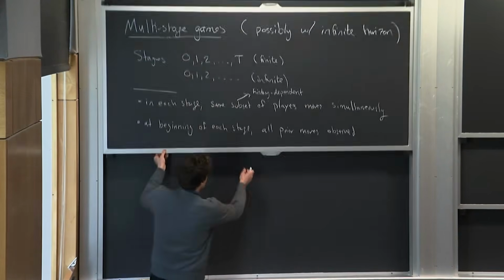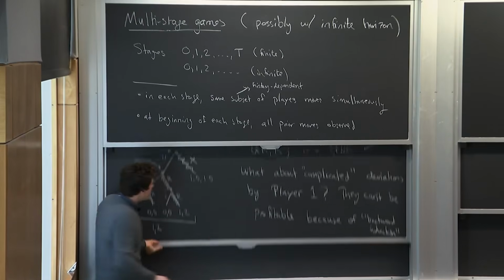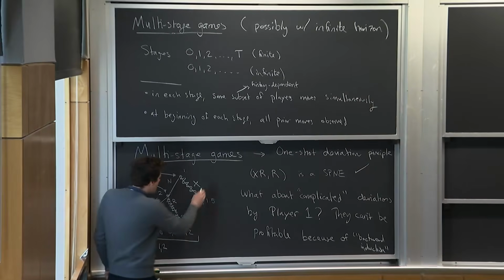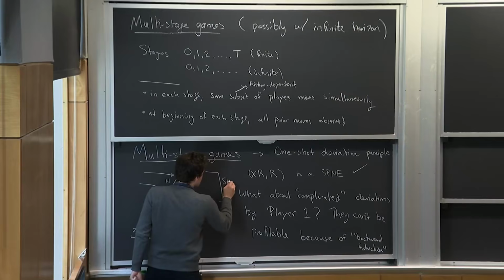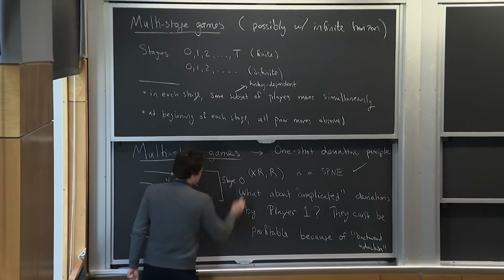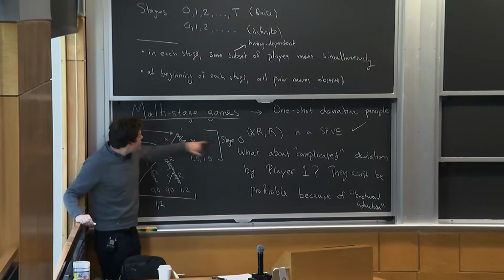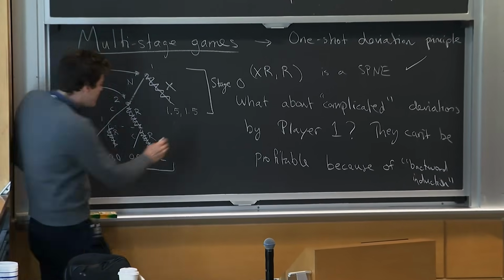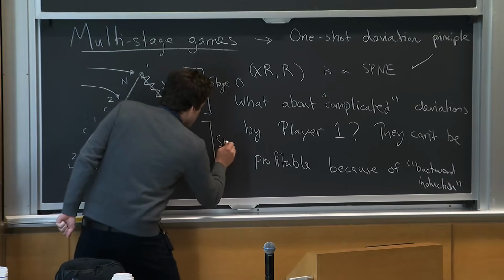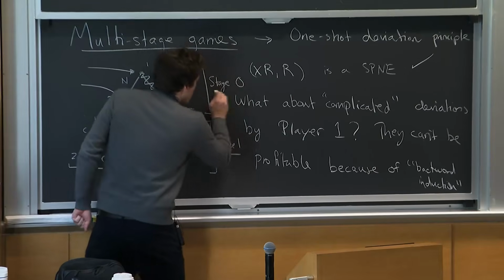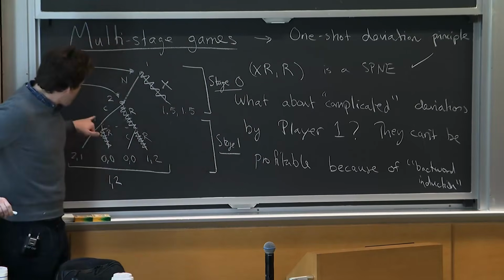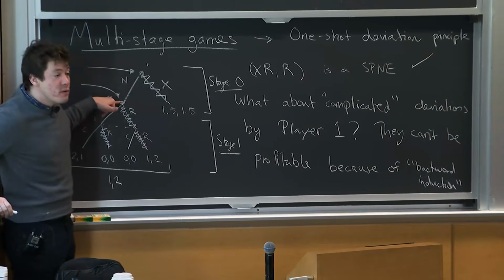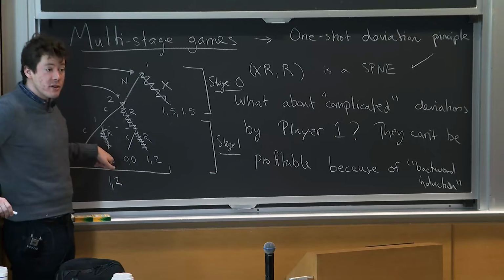So maybe let's pull this down and look at this. So if we want to represent this as a multi-stage game, this is stage 0. And in stage 0, the only player who moves is player 1. Then we can think of this here as stage 1. Why? Well, remember, technically, we said player 2 moves first, and then player 1 moves after.